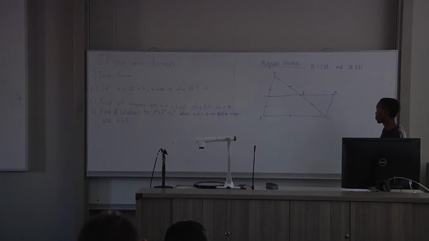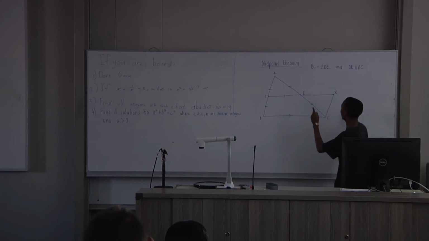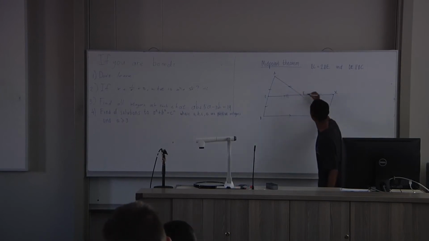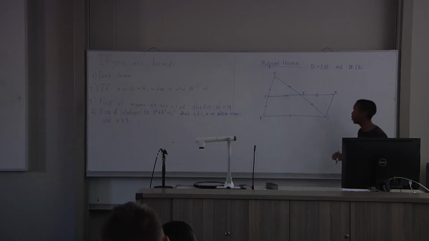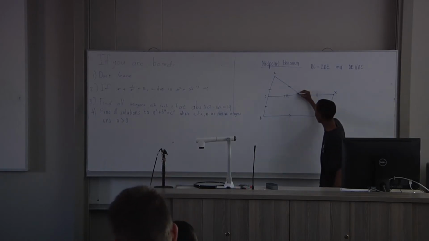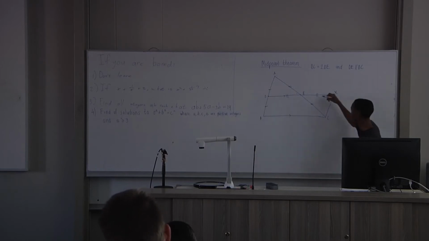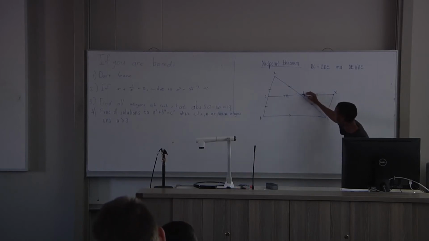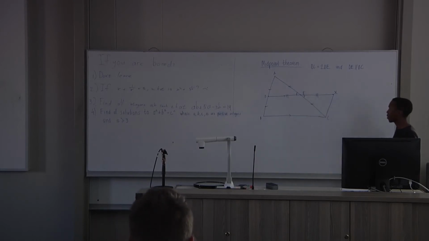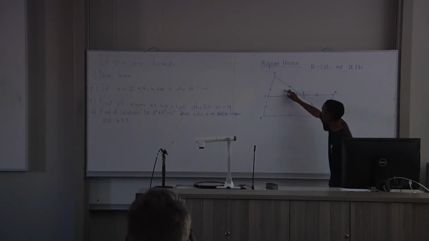We extend DE and construct a point X on it such that DE is equal to EX, right? A lot of you can see where this is going. We know that angle AED is equal to angle XEC. These two angles are equal because they're vertically opposite. So now what can you see about these two triangles?